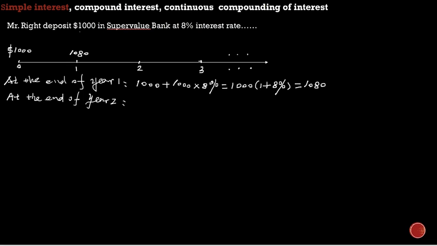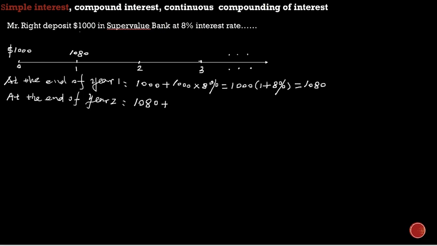The accumulated amount at the beginning of year 2 is 1,080 plus the second year's interest. That's how to calculate the second year's interest. This is tricky.